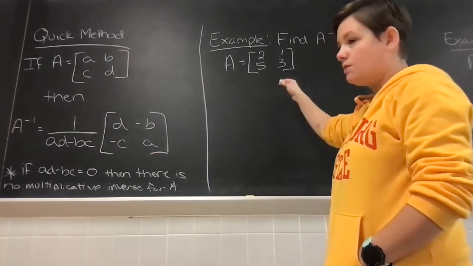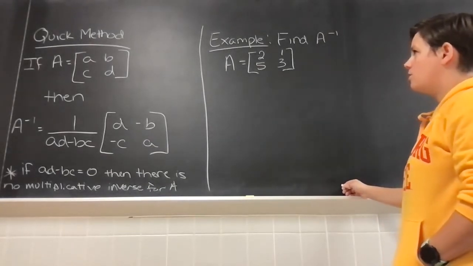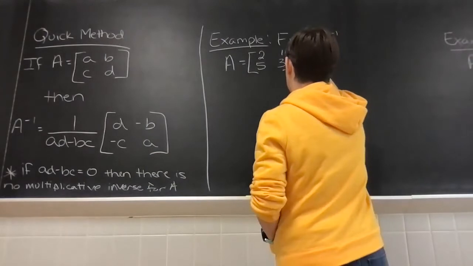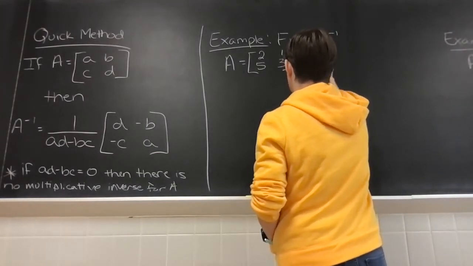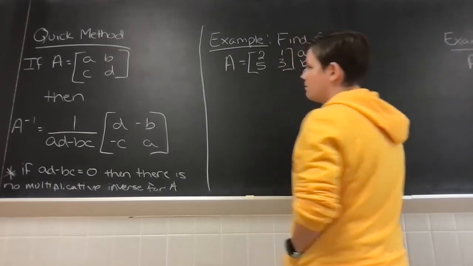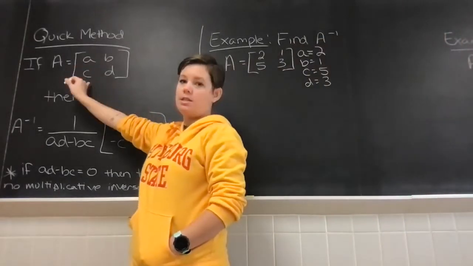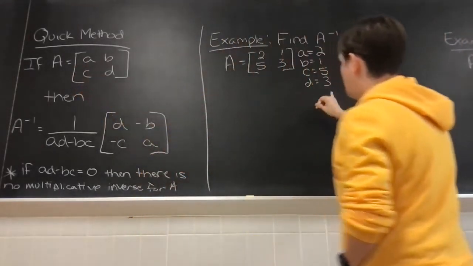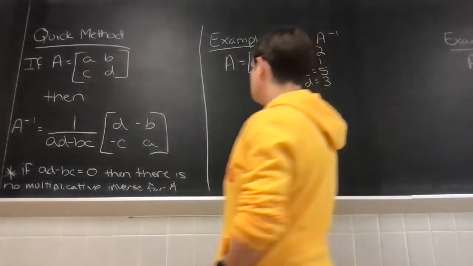So let's do an example. Here's our A, and we want to find our multiplicative inverse. So you may want to write out to the side that A equals 2, B equals 1, C equals 5, and D equals 3. I know this because A is written in A, B, C, D form, and this will help me to plug in my numbers to find my inverse.